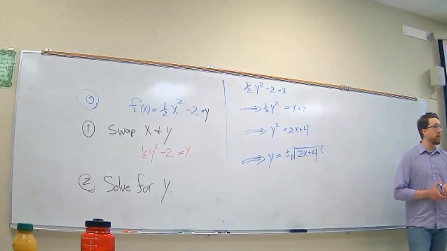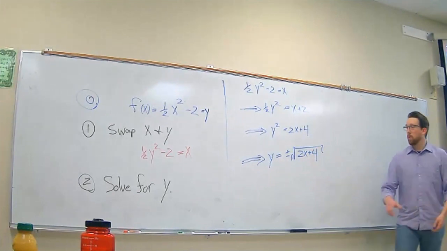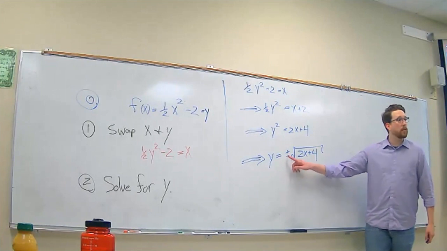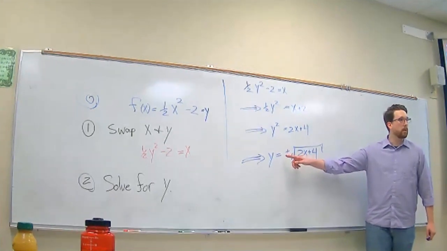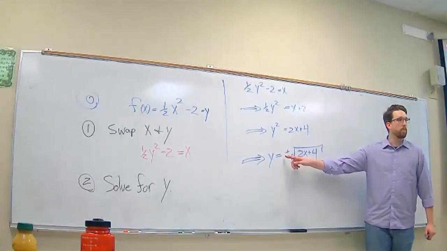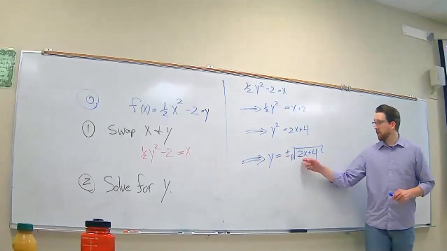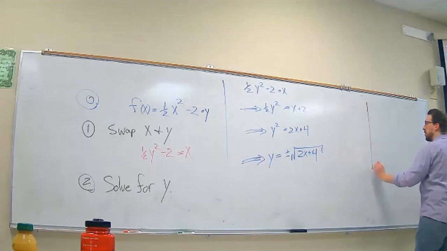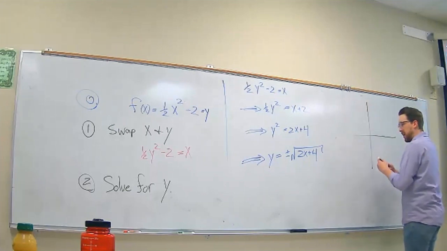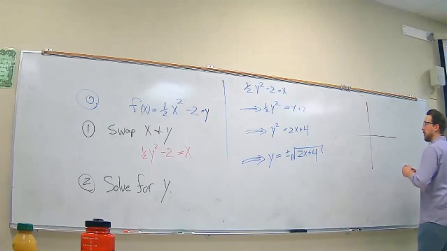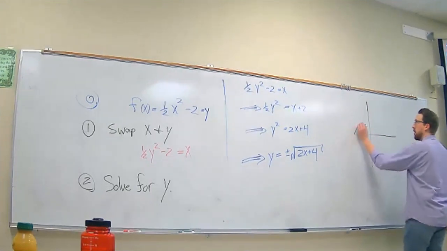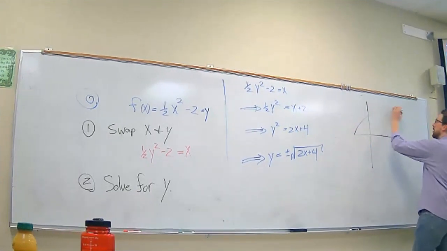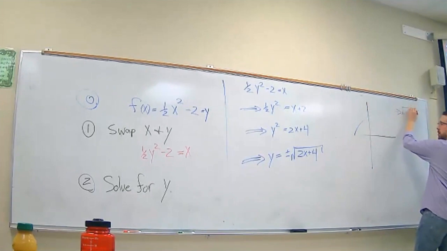Now, depending on which restriction we use, will tell us if we want to use minus or plus. Because the graph of this thing looks like this. This is the square root of 2x plus 4.